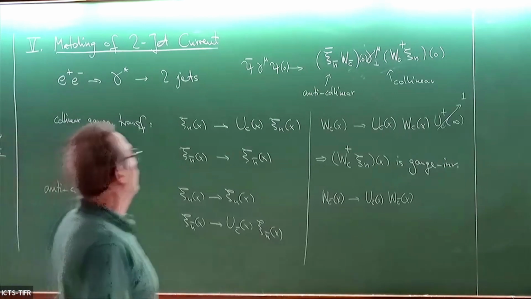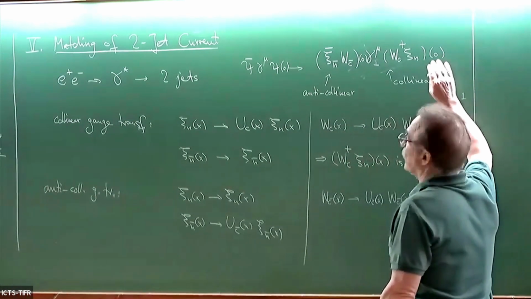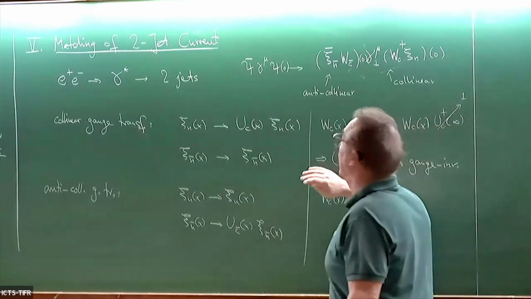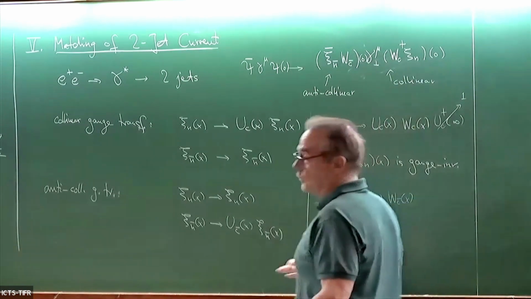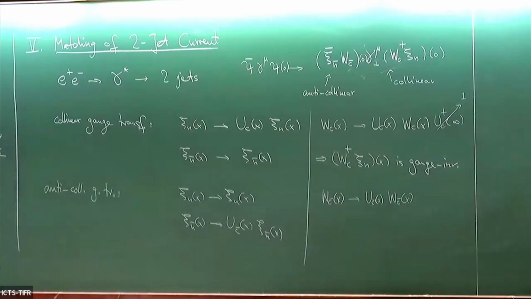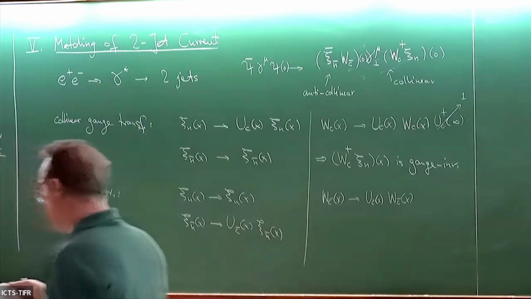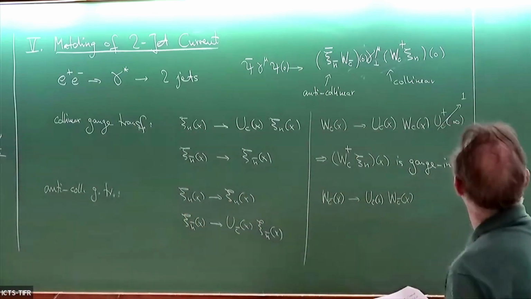Then this is also invariant under ultra-soft gauge transformations. However, if I want to change this to a different point, there's a subtlety with the ultra-soft gauge transformation. And this subtlety you will explore in the second problem on the second homework set. It has something to do with multipole expansions again, but I leave it up to you to consider this.